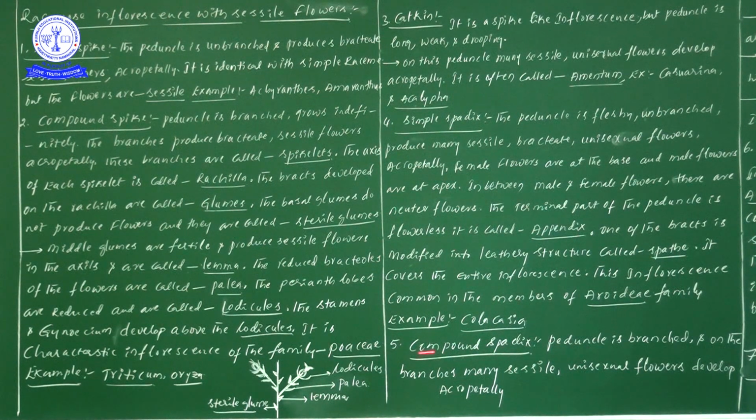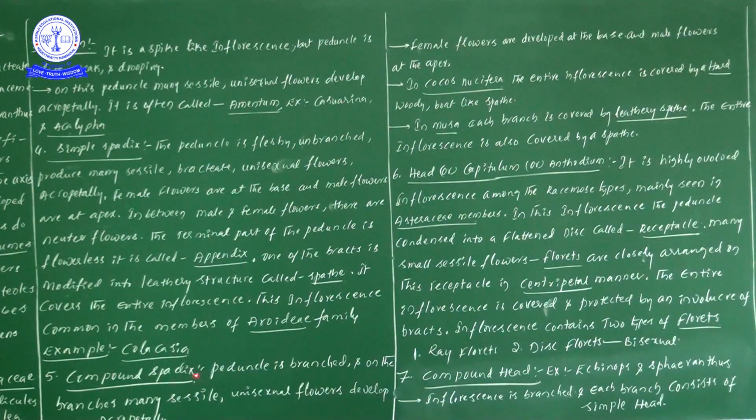Compound spadix. Compound means what point do we start with? Fifth side heading, compound spadix. The peduncle is branched; when you read compound, don't forget one point: definitely the peduncle is branched. On the branches many sessile unisexual flowers develop acropetally.